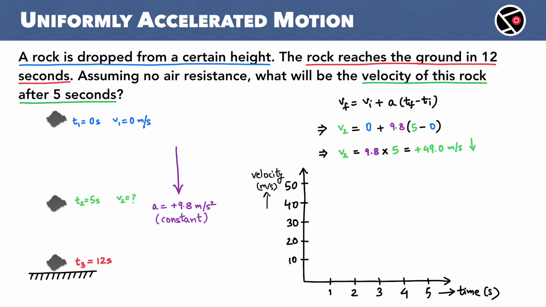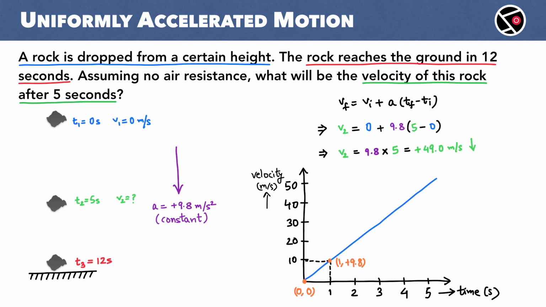For every 1 second, velocity increases by 9.8 meters per second. At time 0, velocity is 0. So, at time 1 second, the velocity is plus 9.8 meters per second. Constant acceleration means constant slope. We can connect these 2 points and extend the line further.